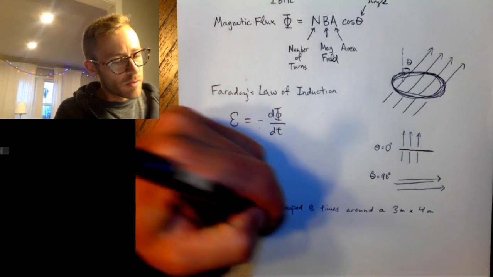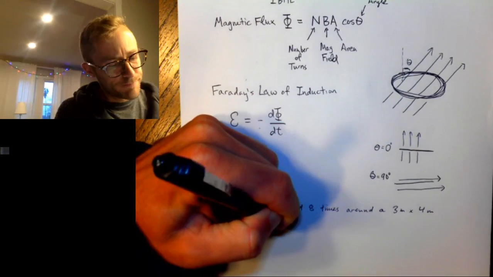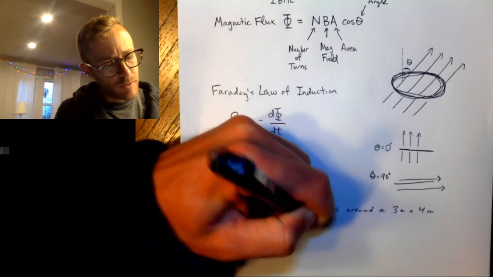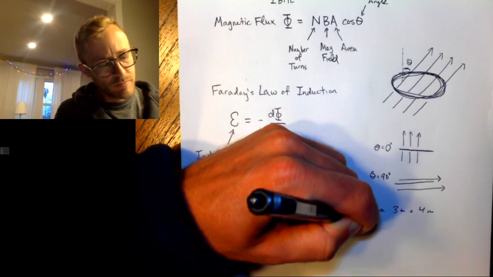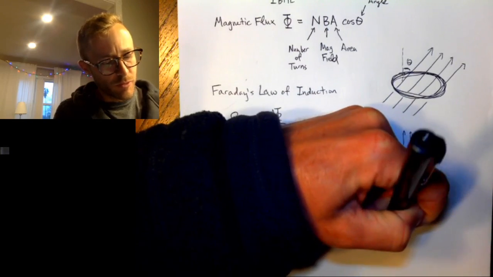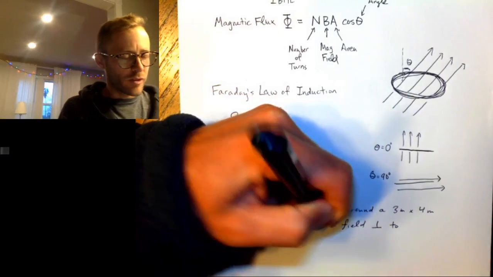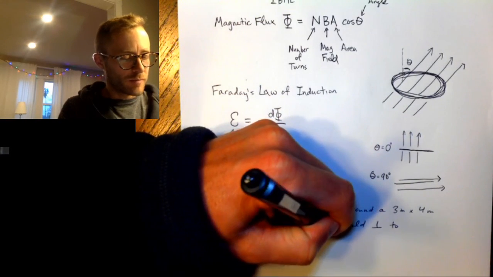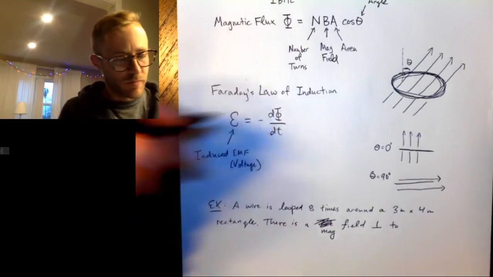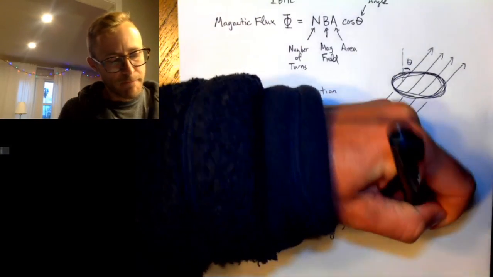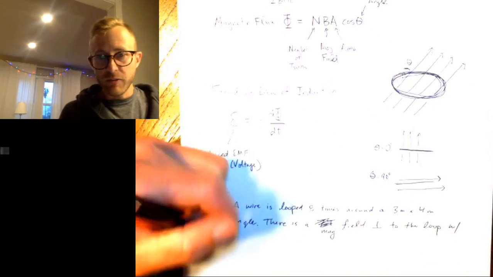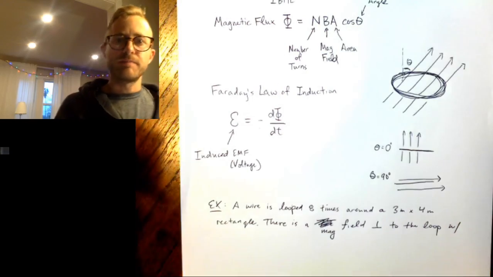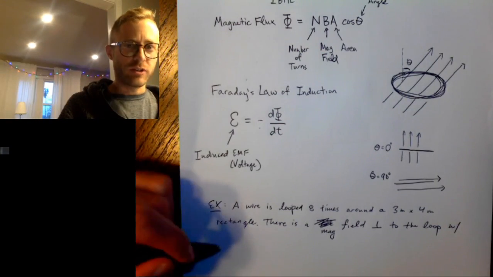Actually, I'm just going to say there is a magnetic field perpendicular to the loop, and the magnetic field is changing as time goes on.